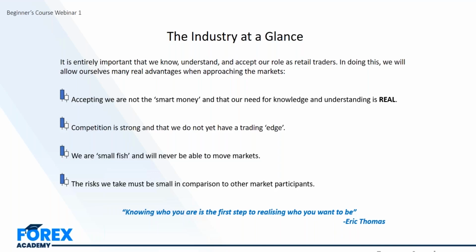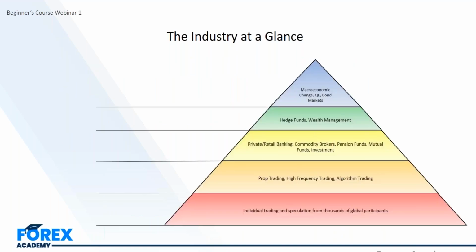Now I have a hierarchy chart here, and I'm just going to go through our different levels. We have central banking. They're at the top of the chart. They're the top players. Macroeconomic change, quantitative easing, if you've heard anything about that, really trying to boost the economy. It is the role of the central bank to do that, not us as retail traders or even prop traders. And they will, of course, have a large move in terms of shifting market prices.